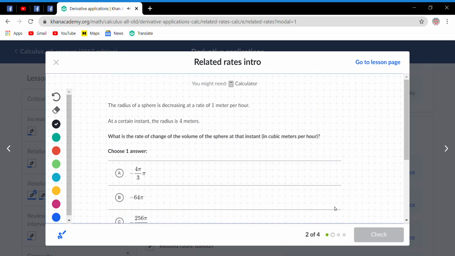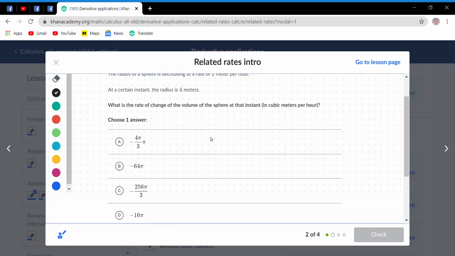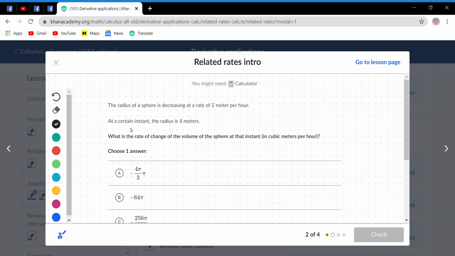So correct. The radius of a sphere is decreasing at a rate of 1 meter per hour. At a certain instant, the radius is 4 meters. So we know that dr over dt is equal to negative 1 meter per hour, and at a certain instant the radius r is equal to 4 meters.